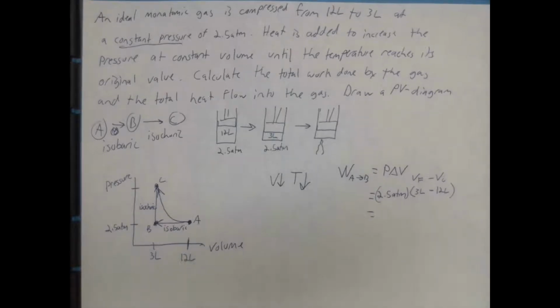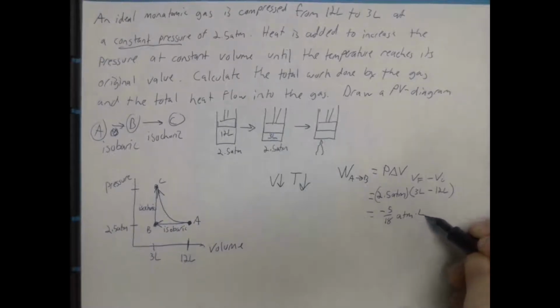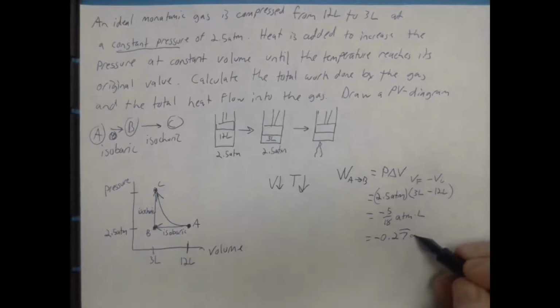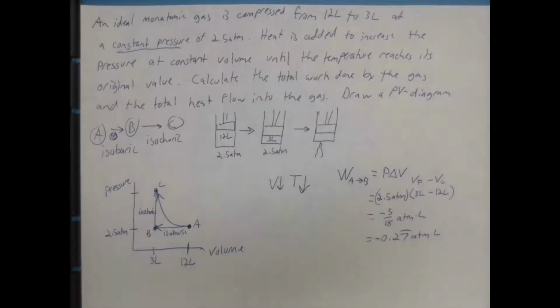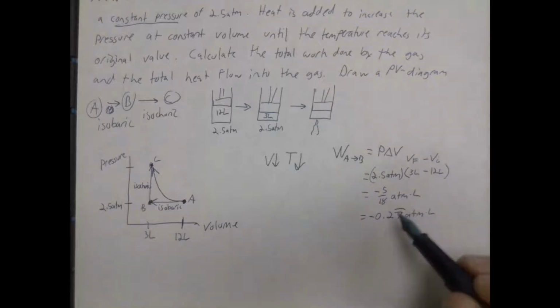And we get negative 22.5 atmosphere liters. Did I give you the conversion factor for atmosphere liters? Yes, I did. How do you convert this into joules?